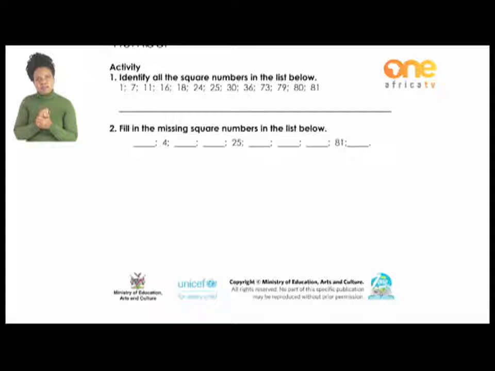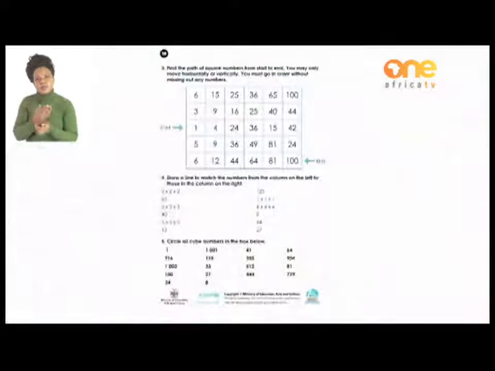You must write. We go to page 18 of our booklet with the third question, meaning to find the path of square numbers from the start to the end. You may only move horizontally or vertically.